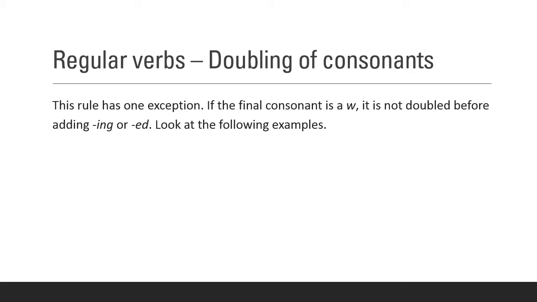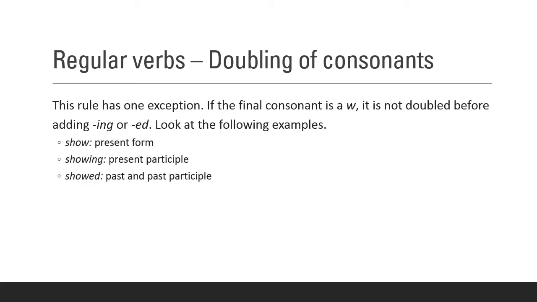Sometimes this is overruled, and this has only one exception, and that exception is if the final consonant is a W, it is not doubled before adding ing or ed. For example, let's look at the verb show.